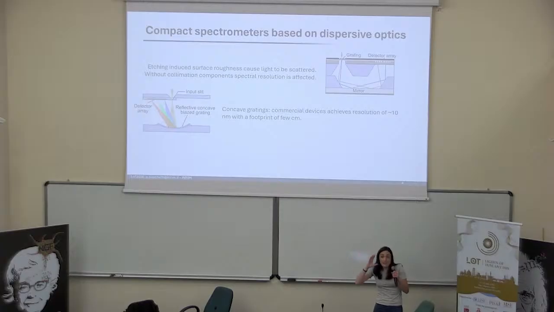So without the addition of other collimation optics, you can have devices that are really compact. When I say compact, I mean a footprint of a few centimeters with a resolution which is also below 10 nanometers. Of course, there are problems in miniaturization related, for example, to etching-induced scattering losses that degrade resolution. Okay.